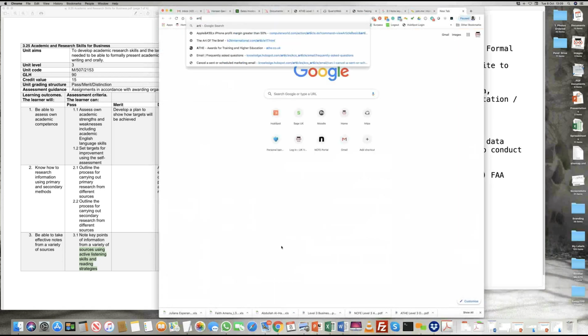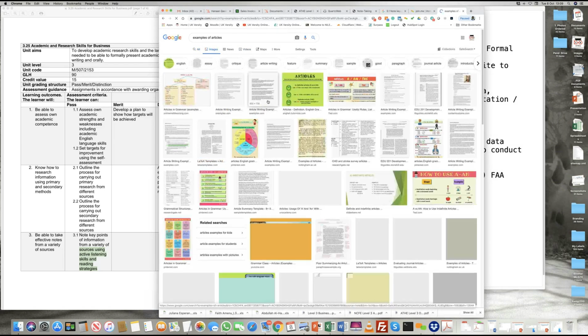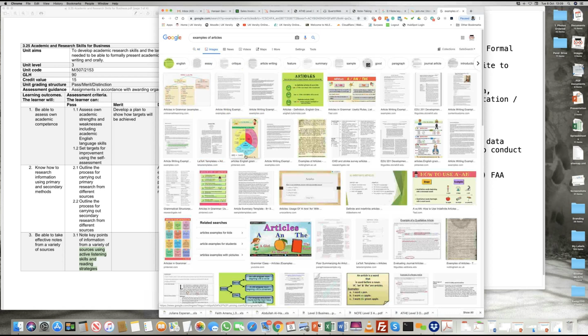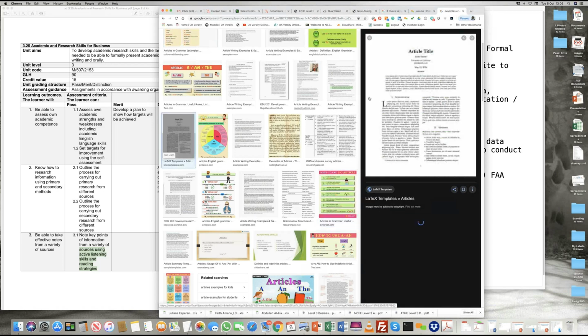So let me show you some examples of articles. Let's look at some images. This, for example, is an article which summarizes some part of the information which the user is trying to get across to you.